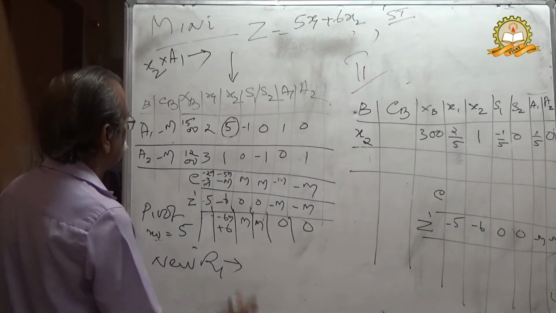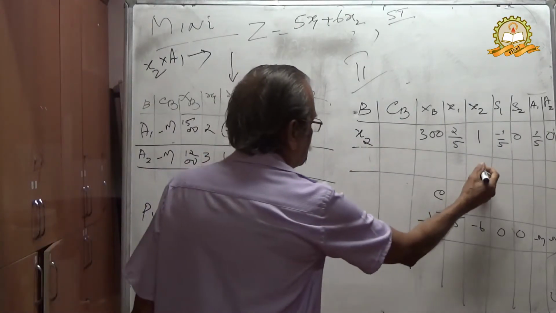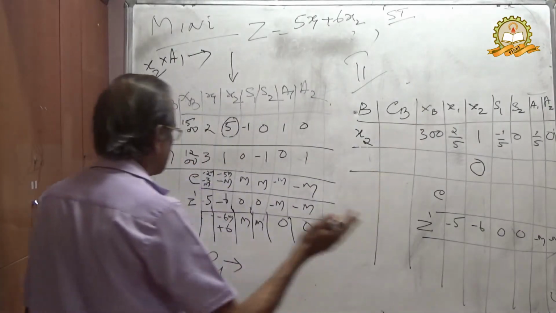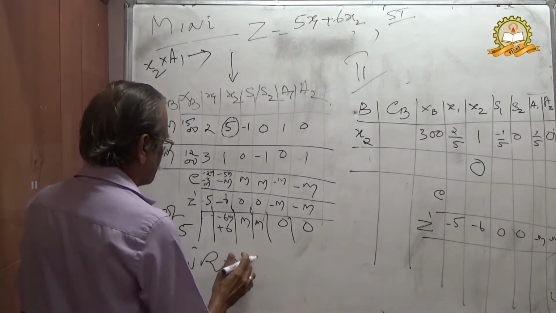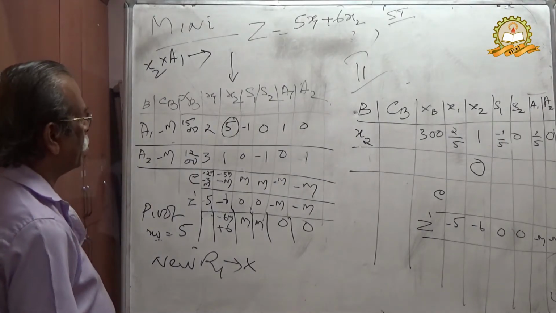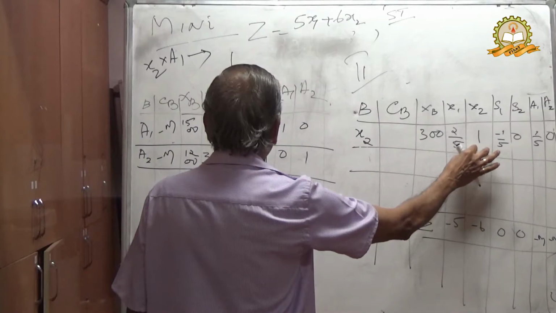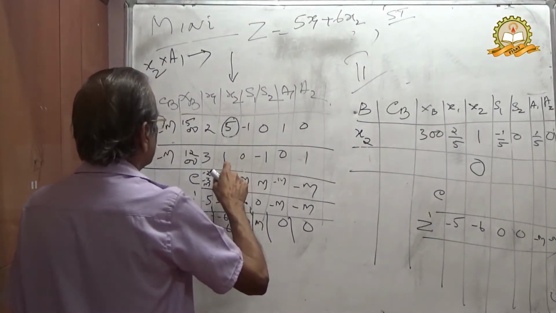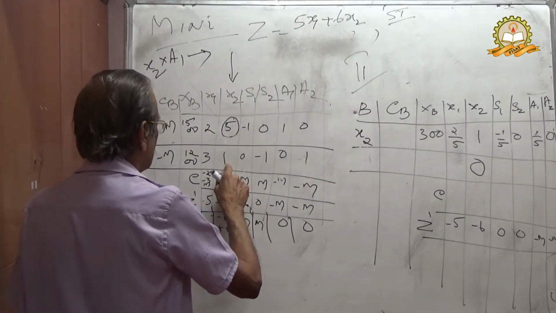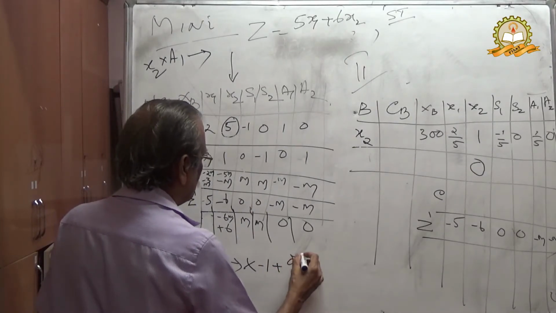That is, under X2 it should be made into 0. For that, normally what we do is take the new row R1, and here you have to make this into 0.